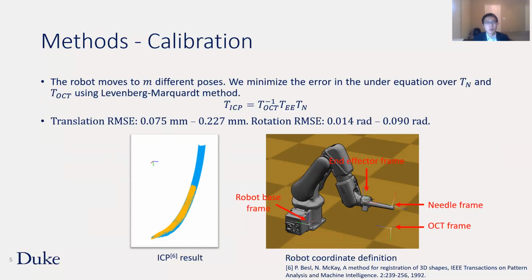Then it multiplies with T_N, which represents the needle frame in the robot end-effector frame. With the Levenberg-Marquardt method, we minimize the error in this equation over T_N and T_OCT. For every calibration trial, we also record the translation root mean square error and the rotation root mean square error among 9 needle poses.